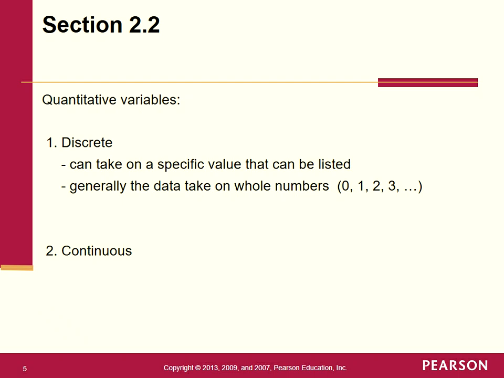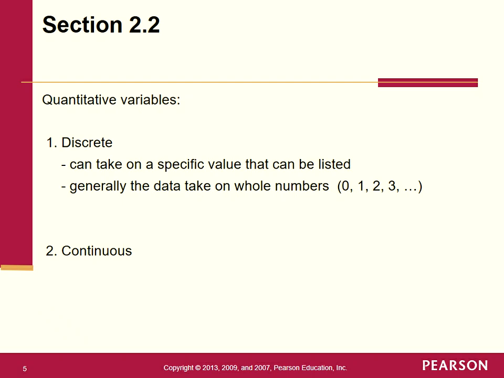But the profit could be, if you spent $2 on the ticket and you didn't win anything, well, your profit's minus $2. So it takes on an integer, and we could throw that in the discrete world.